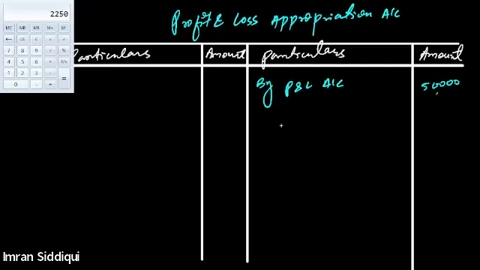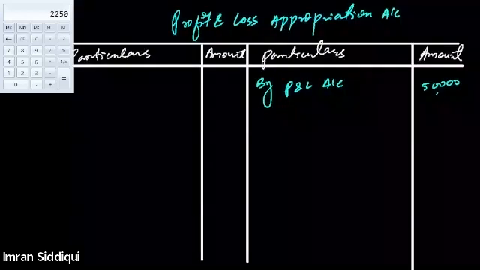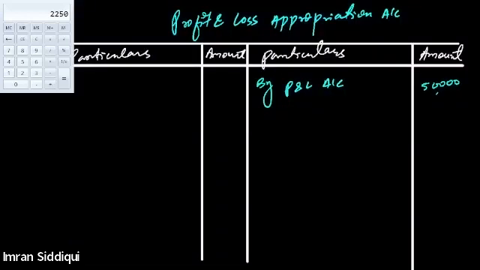Then the question also gives a few other pieces of information. The question talks about interest on capital allowed at 6% per annum. So, to interest on capital. How many partners are there? Two partners, A and B. So we will calculate interest on capital.